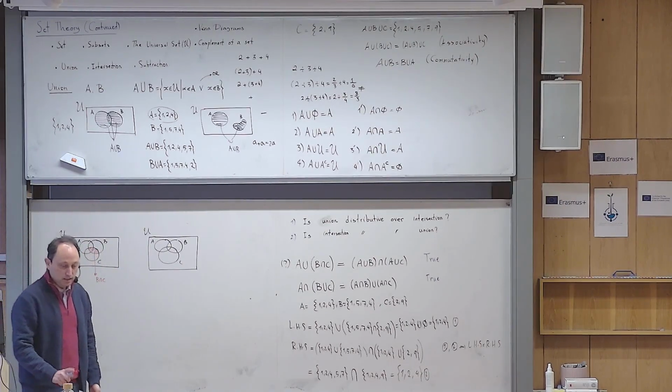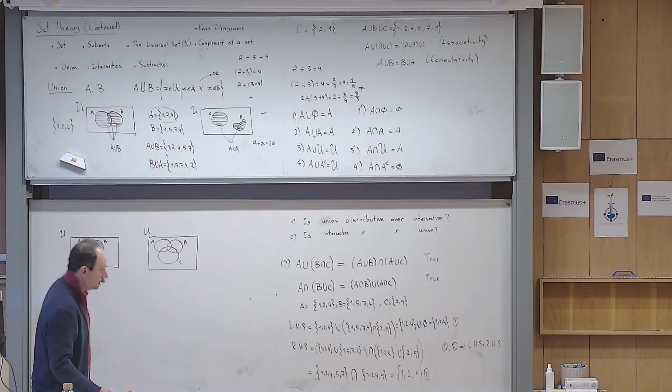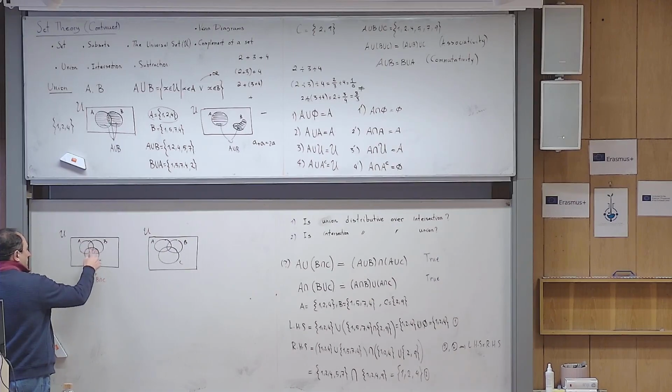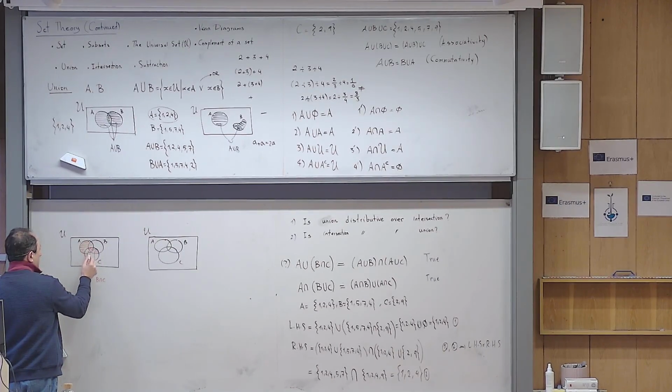Okay? What does the union mean? The union means the elements that are in one of them, at least in one of them. So you consider all the red parts, but I also need to add something to it. So these parts of A, which is not considered yet, should be added to the red part.